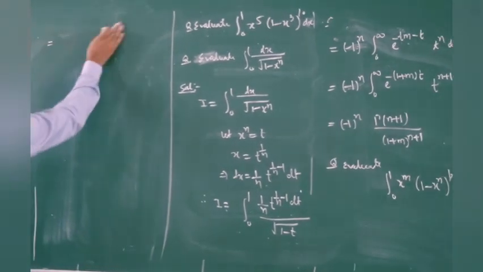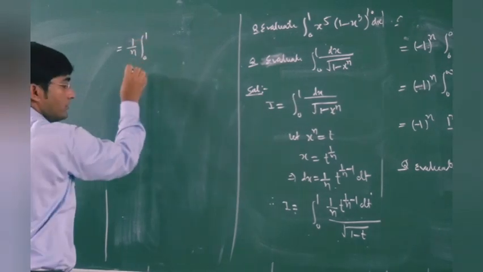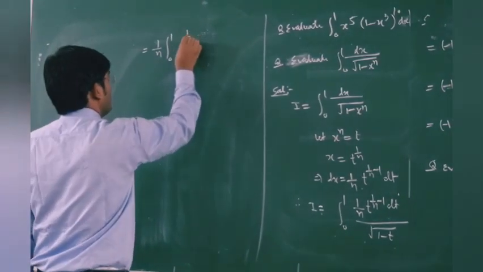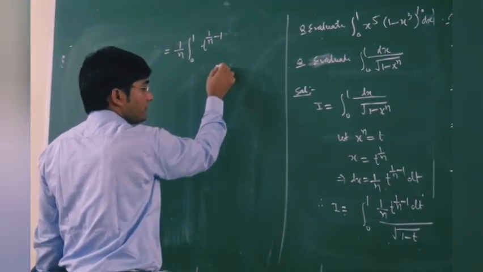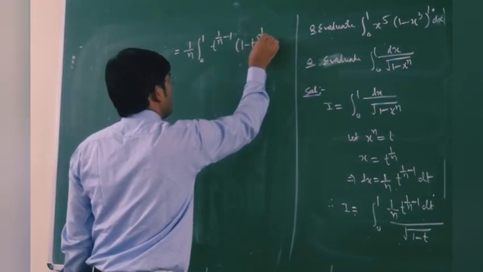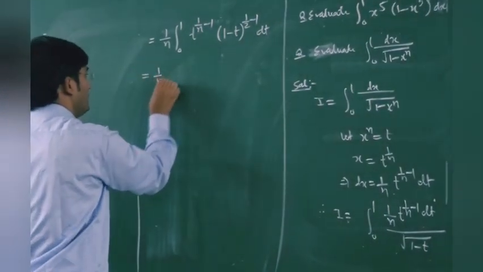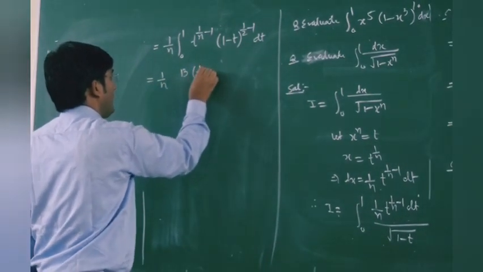This is equal to 1 by n times the integral from 0 to 1 of t to the power 1 by n minus 1, then (1 minus t) to the power minus half, and minus half can be written as half minus 1, dt. Now this is equal to 1 by n times beta of 1 by n comma half.